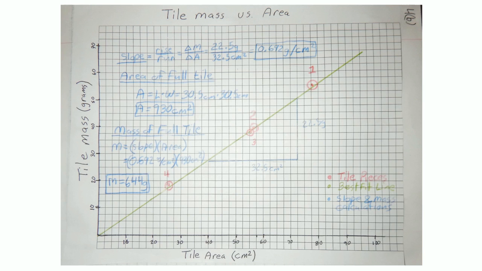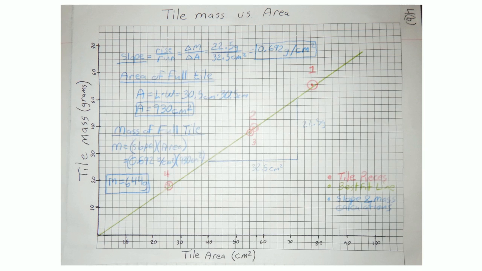And the line is a line that has essentially the same number of points above it as below it. It's called best fit because it's the best line I can draw through the points without doing a connect the dots sort of line. That would be inappropriate for this because we need to get a slope of the whole line.